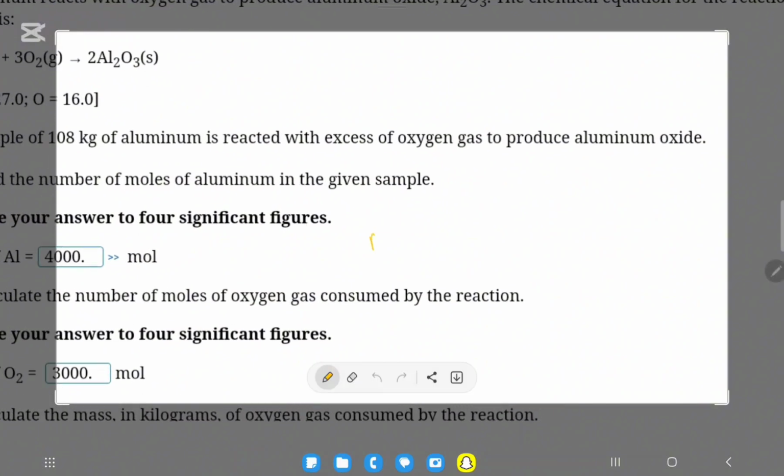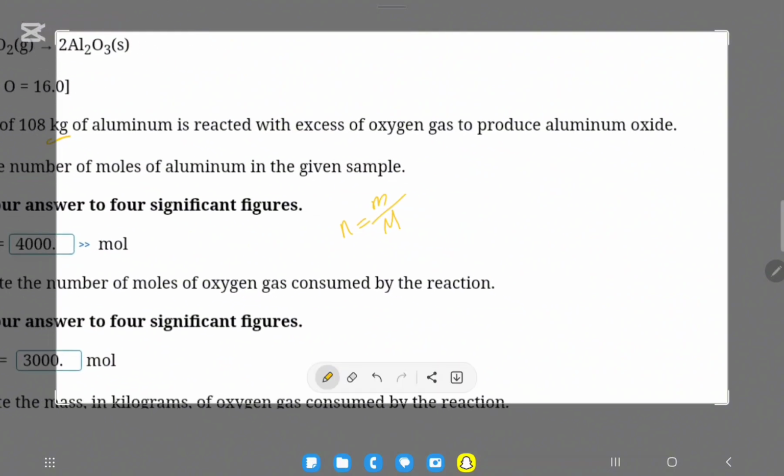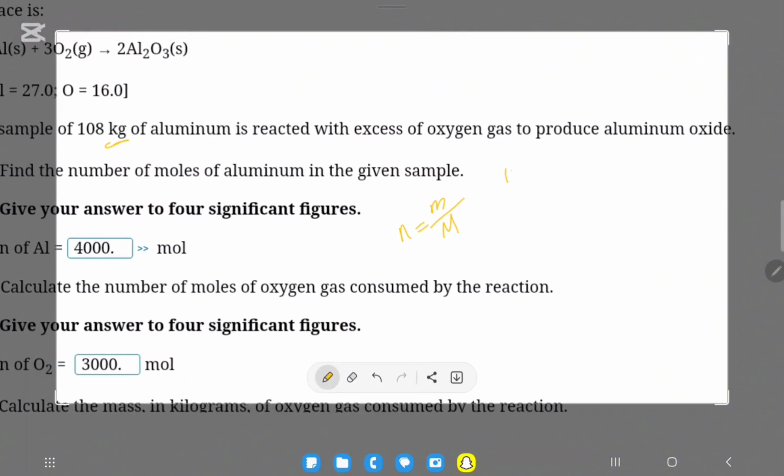We said before, to find the number of moles, you divide the mass by molar mass. Here they give us the mass in kilograms. For this equation to work, you need the mass in grams. To convert from kilograms to grams, you multiply by 1000.